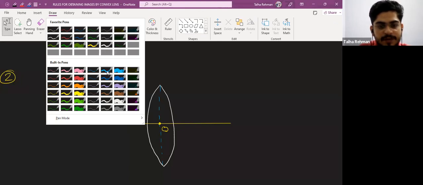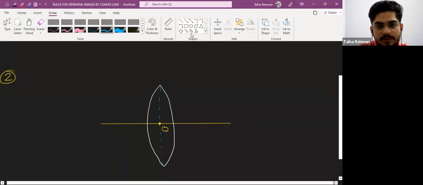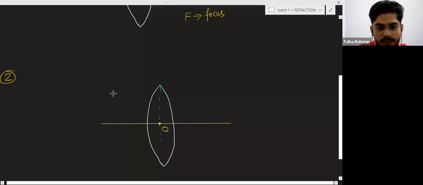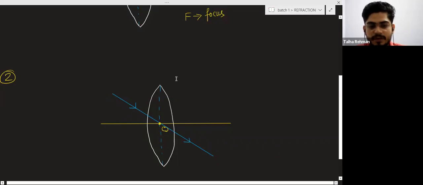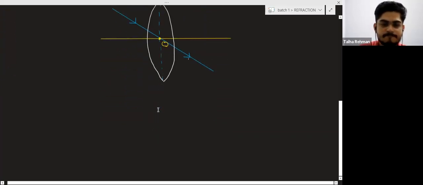This time I am taking a light ray of blue color. The light ray is passing like this through the optical center. After refraction, it will follow the same path, means this light ray will not deviate. It will pass straight. Rule number 3.